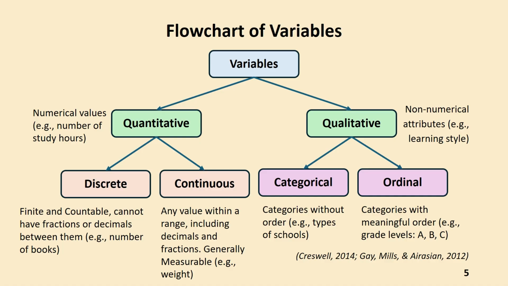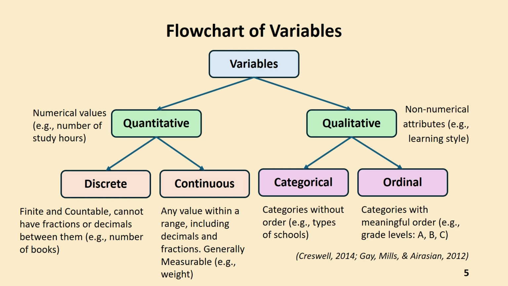An example is weight. Weight can be 55.5 kg. It is not a must that you will have exactly 55 kg. Height, you can have 162.5 centimeters height. Therefore, a variable which can acquire fraction and decimal values is also known as a continuous variable.